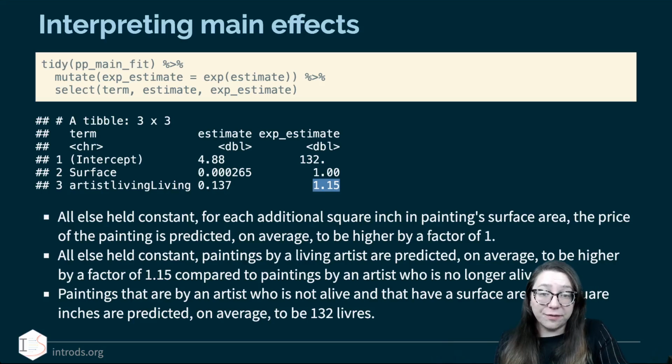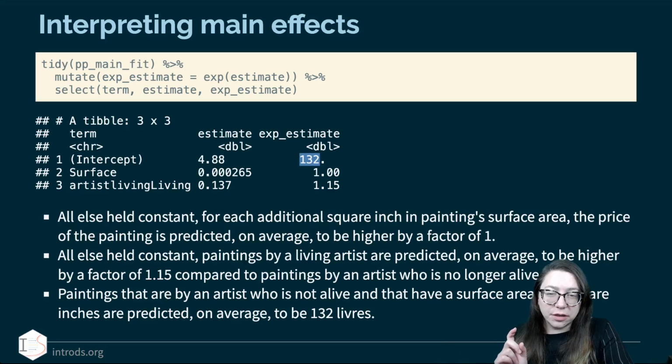And finally this number, 132. Paintings that are by an artist who is not alive, is that right? Right, so that is our baseline level. Paintings by an artist who's not alive and that have a surface area of 0 square inches, which doesn't really make a whole lot of sense, are predicted on average to be 132 livres.